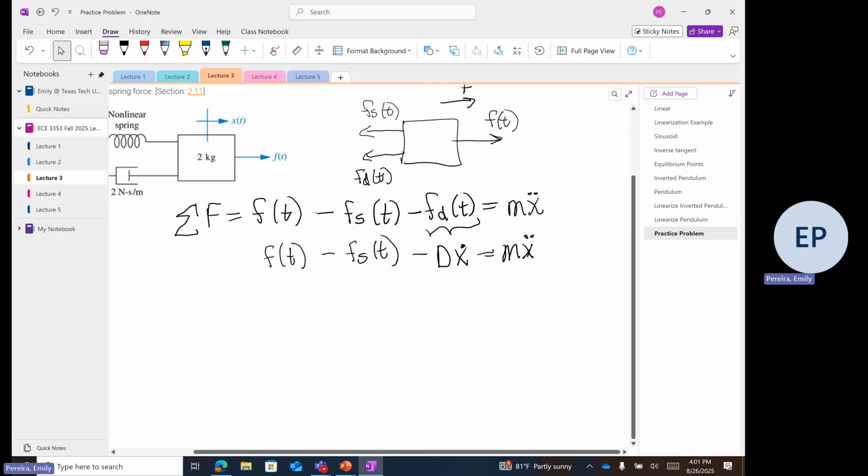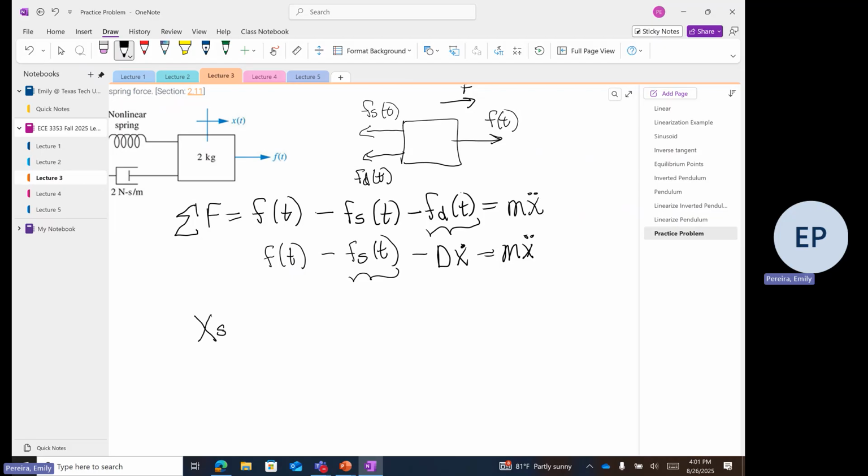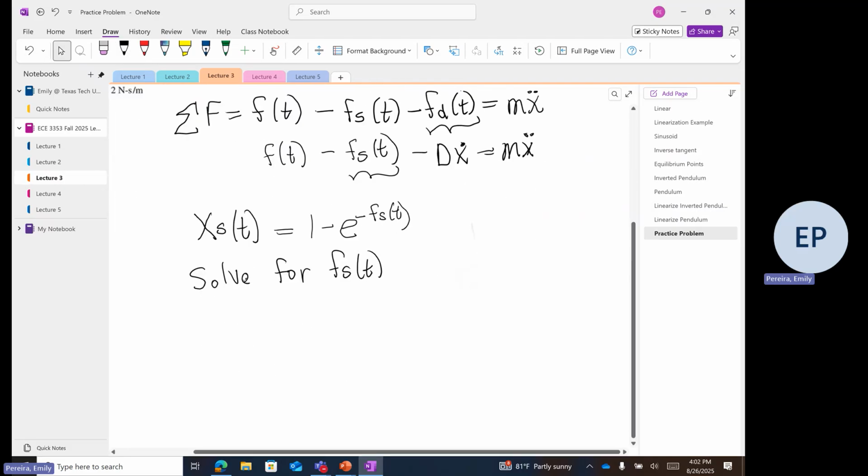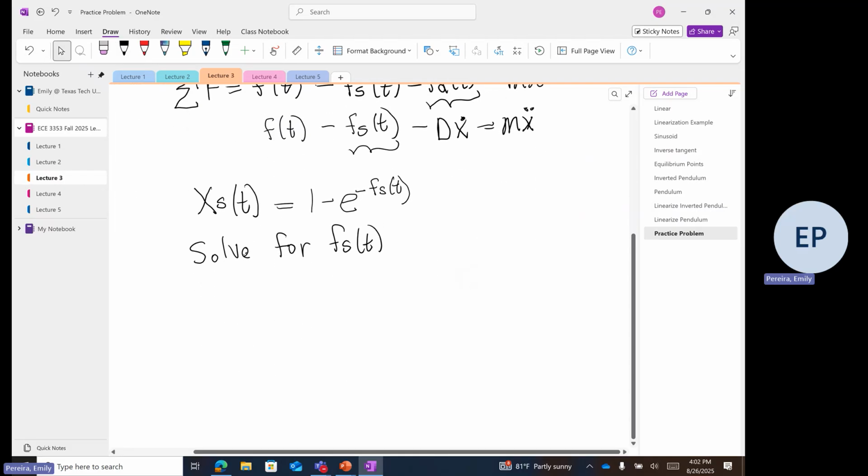Okay, so how do we get the force from the nonlinear spring? Well, we're told that x, the position of the nonlinear spring, is equal to 1 minus e to the negative f of st. So we really need to solve for f of st, so then we can linearize this, right?